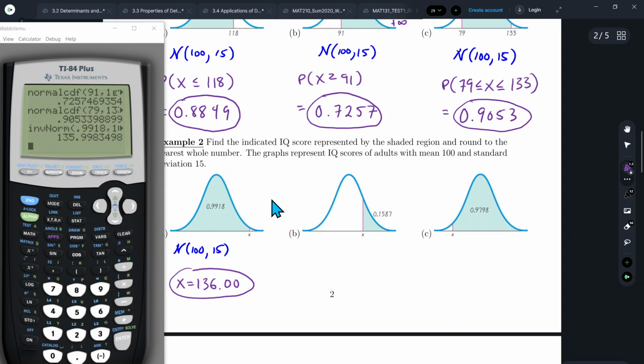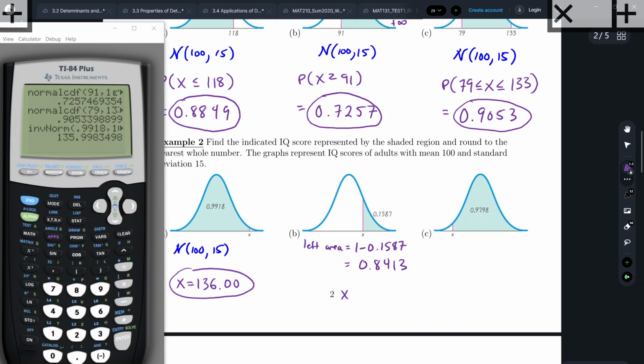Okay, so that's problem A here. And then problem B, as I said before, to be able to use the inverse norm command, the area has to be to the left, right? So we need to figure out the left area, and we can do that by calculating the complement. So 1 minus 0.1587. So what is this equal to? Is 0.8413. So that's the left area.